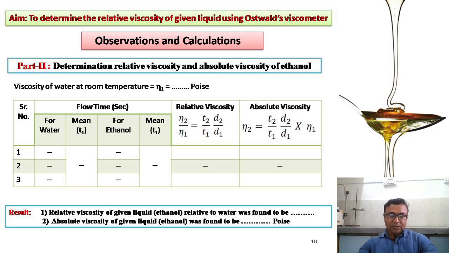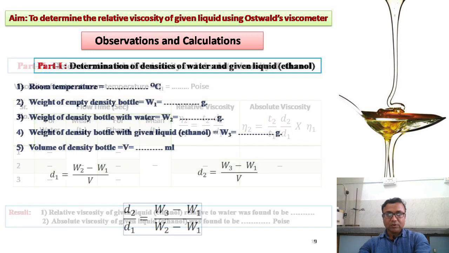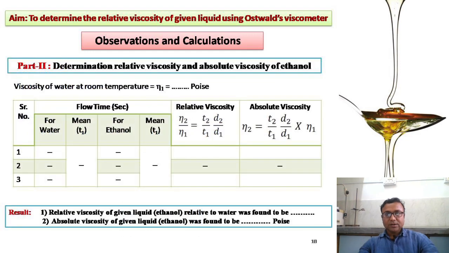For water you have to take the 3 readings and take the mean of these 3 readings, and then for ethanol there are 3 readings, 1 2 3, take the mean of these readings and substitute the values of T1, T2 and the ratio D2 by D1, which was previously calculated. And this eta 1, that is the coefficient of viscosity of water, is known and substituted here. By substituting the values you can easily get the relative viscosity and absolute viscosity.